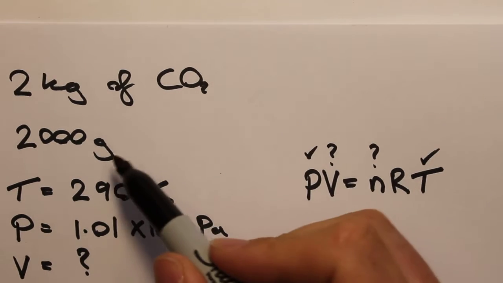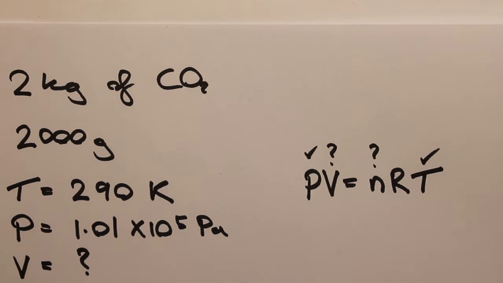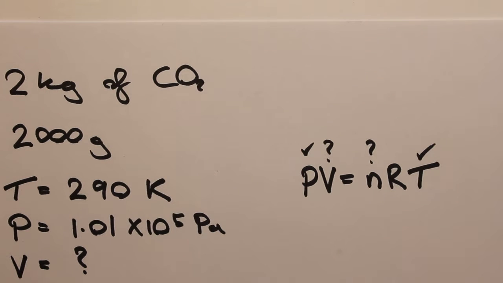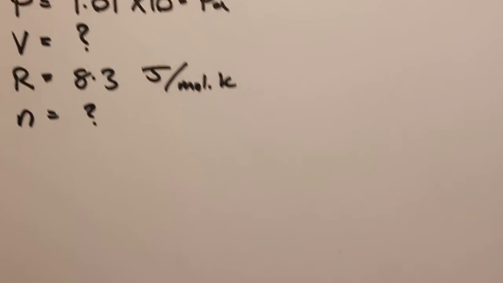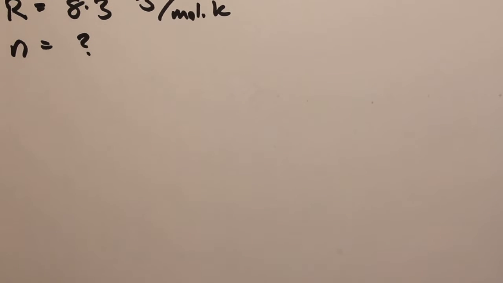But we are given the mass of carbon dioxide. If we're given the mass of the carbon dioxide, we can find the number of moles of carbon dioxide that we have. To go from mass to moles, we need to use our molecular weight.